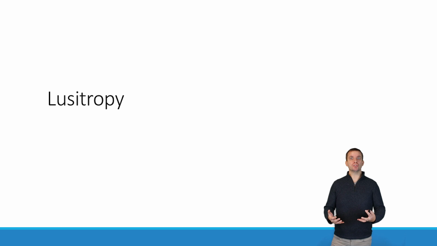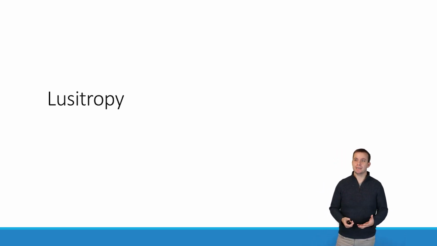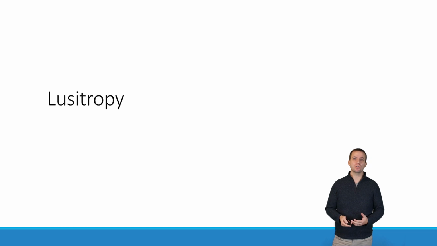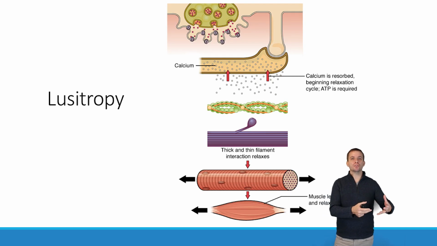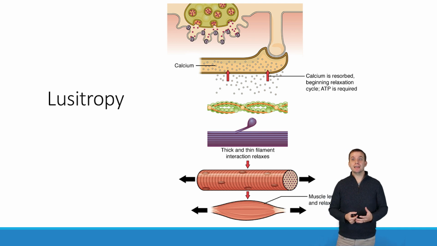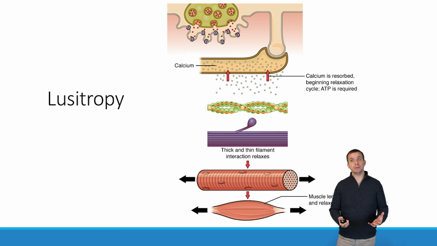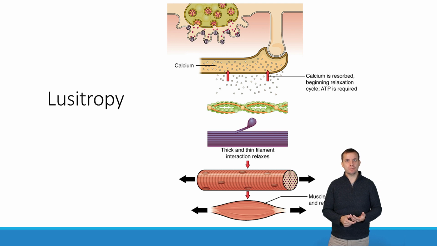This brings me to lusitropy. So the whole idea of this stiff ventricle, we talked about the diastolic dysfunction and the stiff ventricle, is that lusitropy is the term for cardiac relaxation. Cardiac relaxation is an active process, so it requires ATP. So what happens is ATP activates the channel on the sarcoplasmic reticulum.